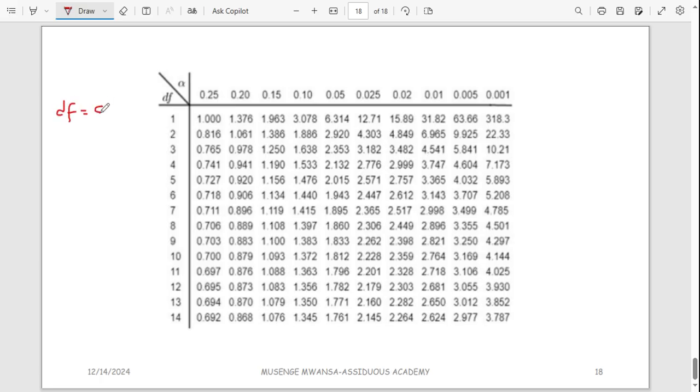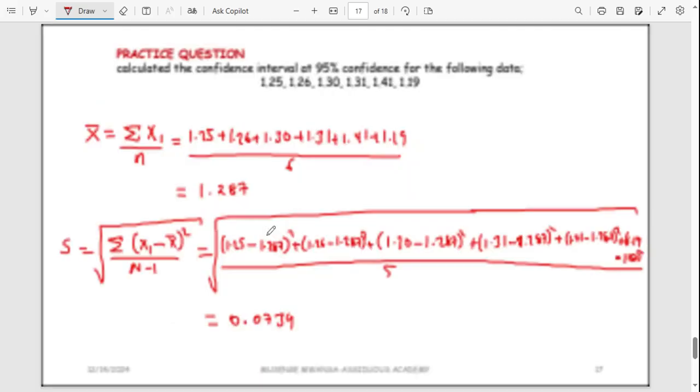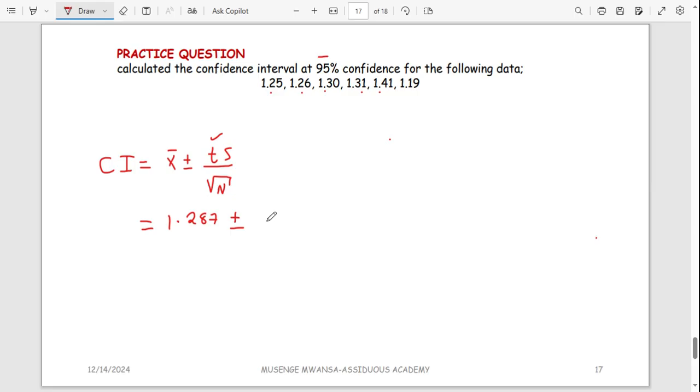So 6 minus 1 is a 5. So we are dealing with 5 at 95% confidence. 95% confidence is equal to 0.05 on the t-test table. So go to 0.05. So you can see where they're intersecting. That's 2.015.